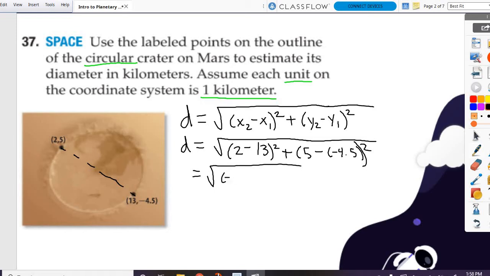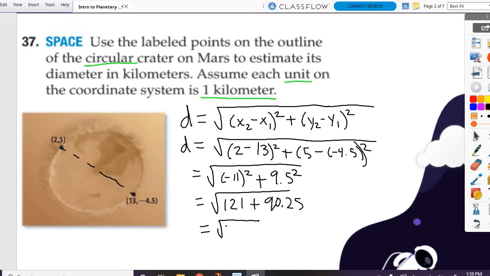So we get negative 11 squared plus 9.5 squared, which is going to give us 121 plus 90.25, which is the square root of 211.25, which is approximately 14.53. And it's important to label our unit, so that would be kilometers.